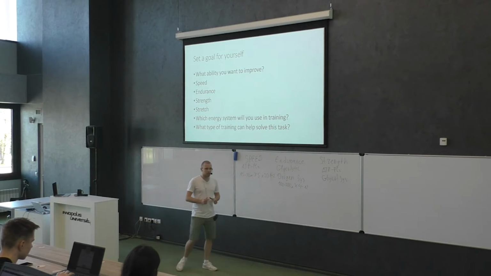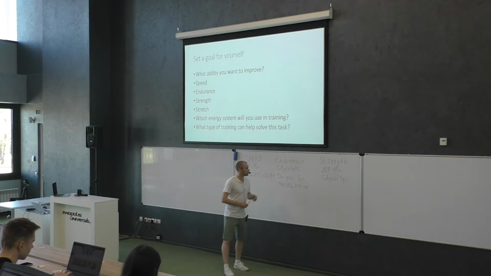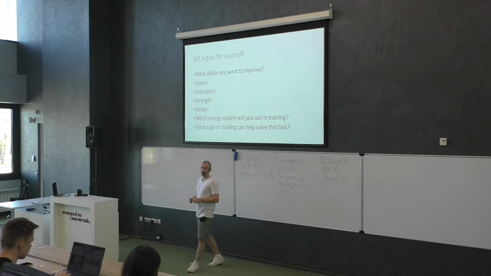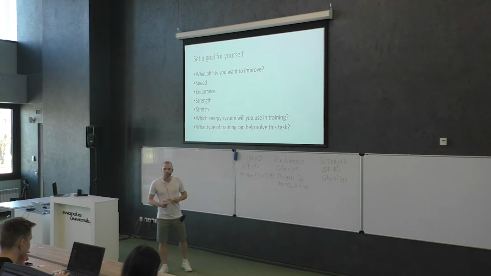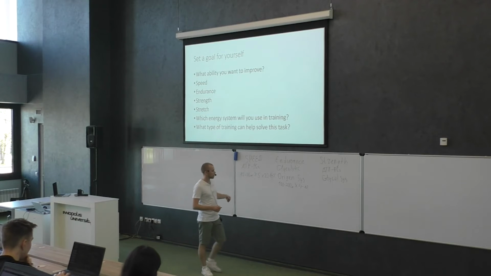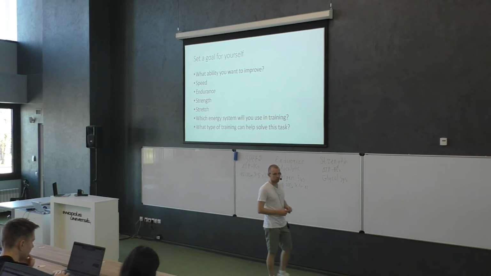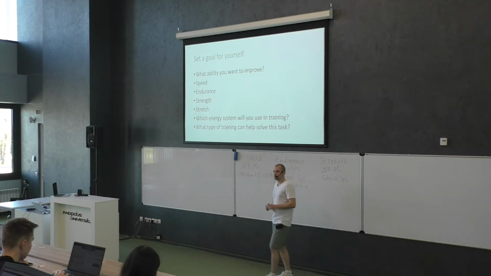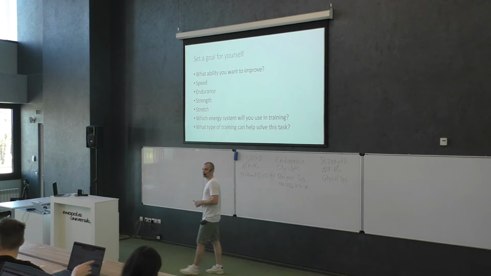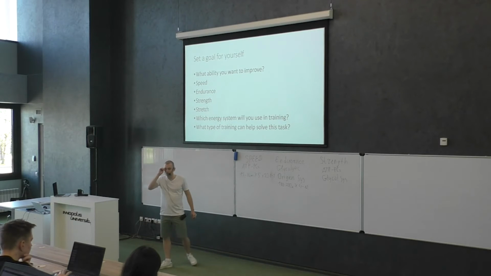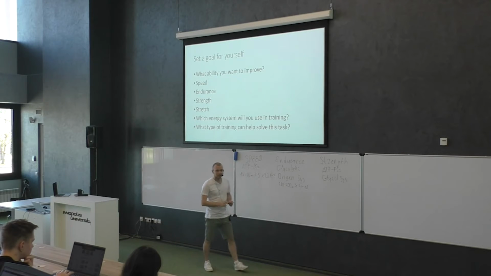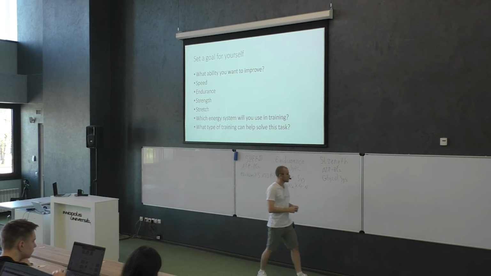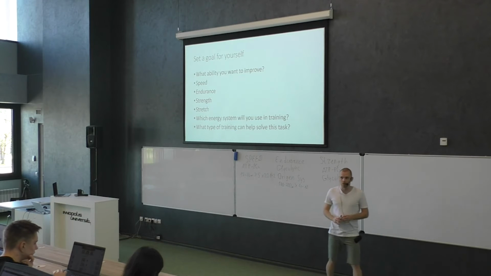And rest. How long will your glycolytic system take to recover in the training to do another repetition? 5 minutes, good. Yes, you need at least 5 minutes of rest.